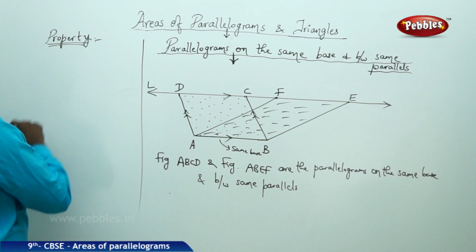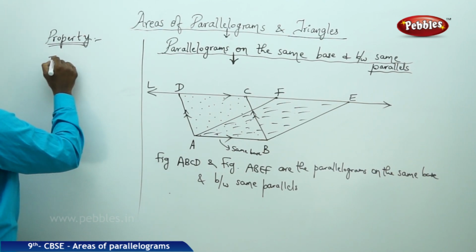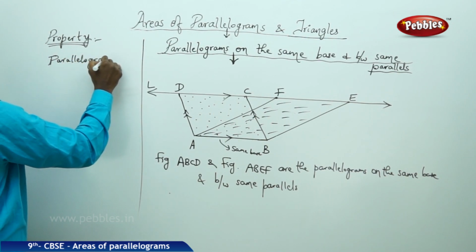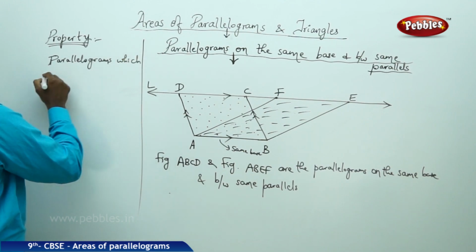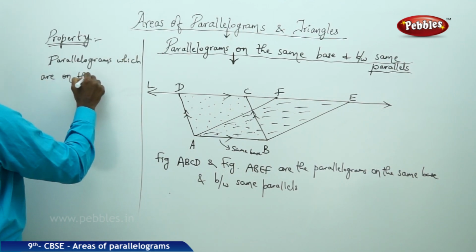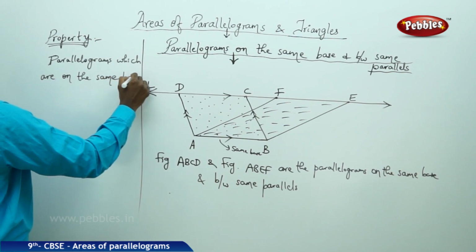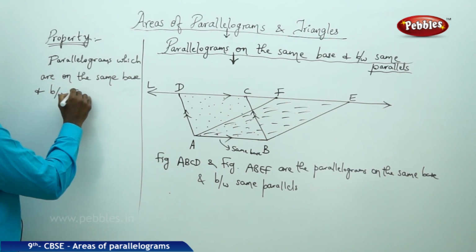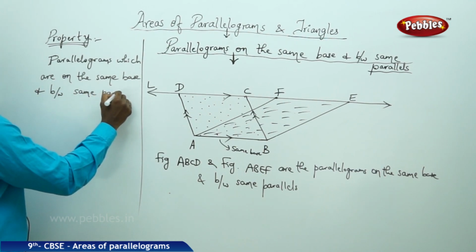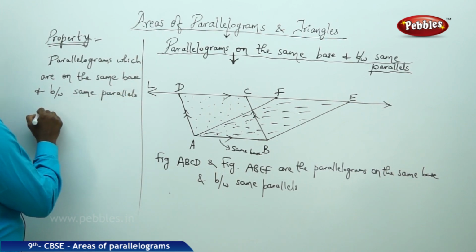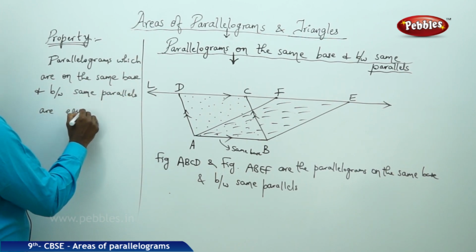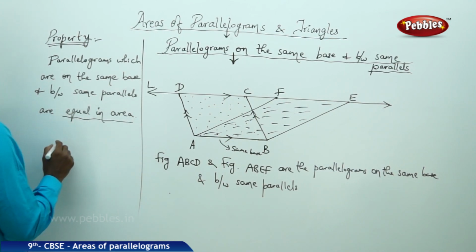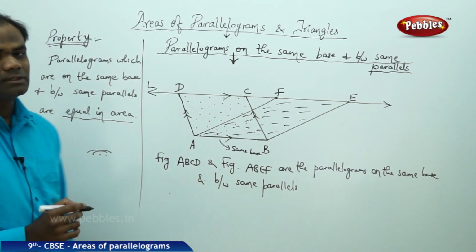The property which connects is: parallelograms which are on the same base and between same parallels are equal in area, is how I understand the property.